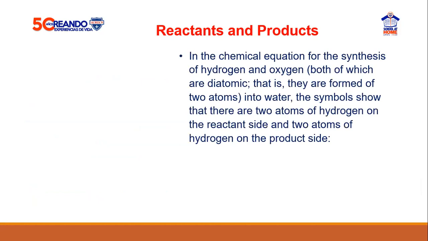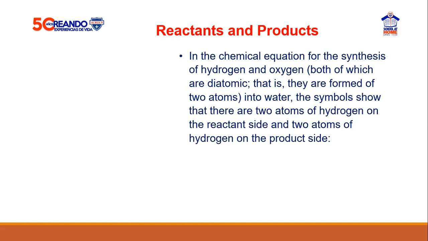In the chemical equation for the synthesis of water from hydrogen and oxygen, both of which are diatomic, that is, they are formed of two atoms. So you never find hydrogen or oxygen by themselves, right? They always bond 2 by 2.